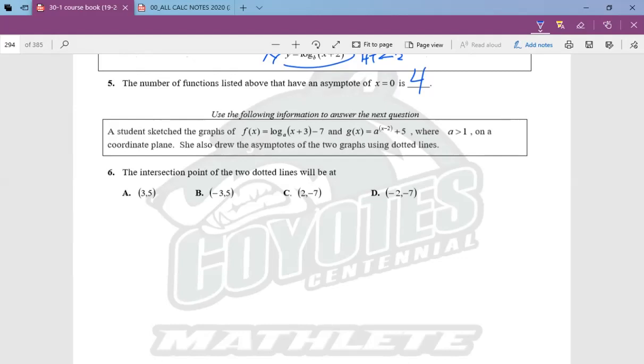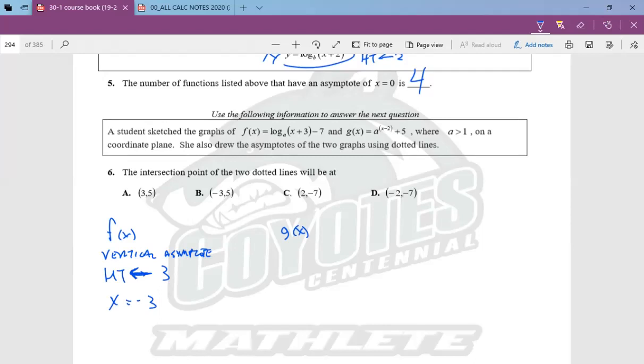So we have for f of x a vertical asymptote. Remember that the only thing that's going to affect the vertical asymptote is if we have had a horizontal translation to the left by 3. So our vertical asymptote, because we've had that as a transformation, is x equals -3. For g of x, it is an exponential.